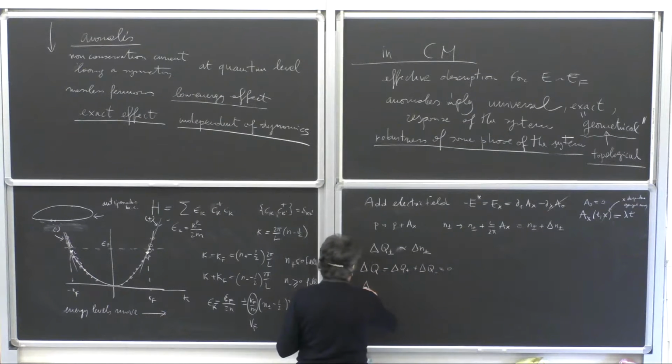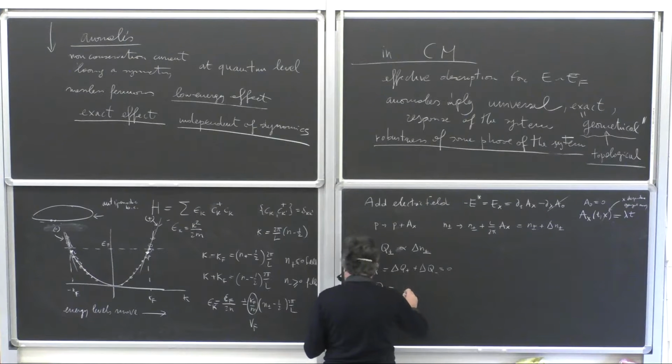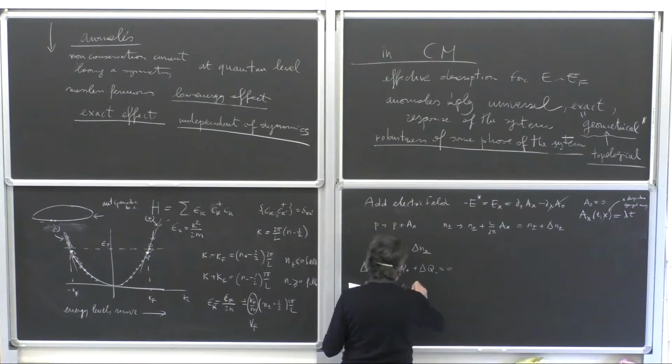But the difference between the two sectors, that I will call axial, which is delta Q plus minus delta Q minus, is different from 0.